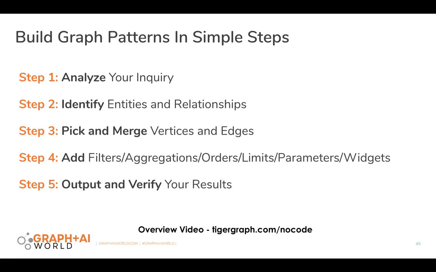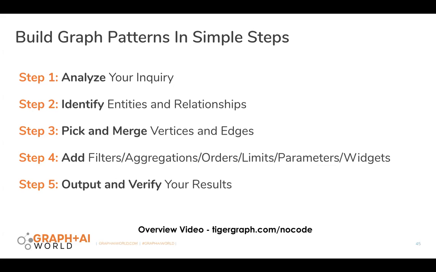Step 4, of course, if it's not a simple pattern, you probably want some conditions on the vertices and edges. In step 4, you can add filters, aggregations, orders, and limits. Of course, you can also use parameters. We also introduced the concept of widgets, which look at the unions and intersections of results from the other vertices.